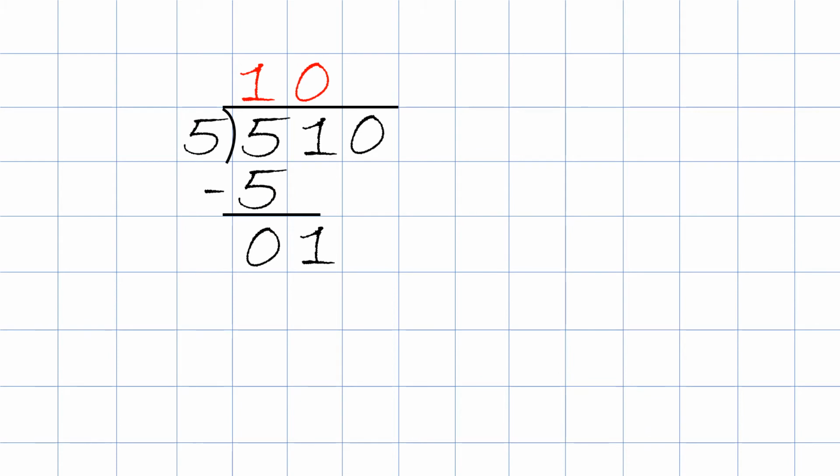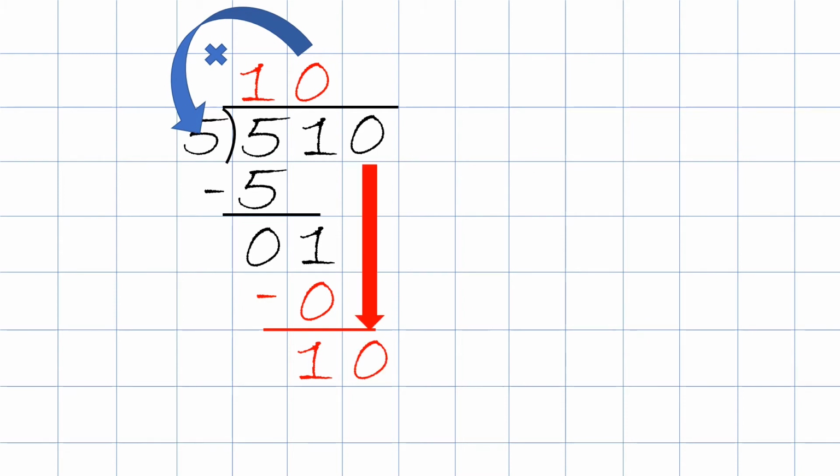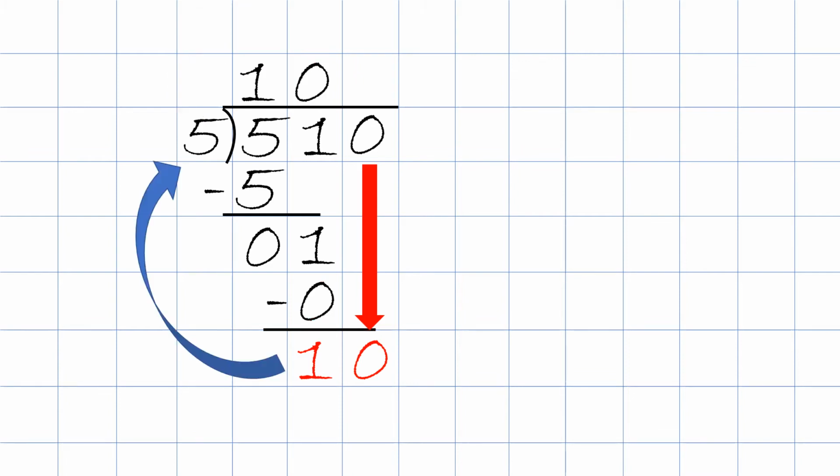We then take 0 times 5, and the answer will be 0. We write it underneath the 1. We then take 1 minus 0, and the answer will be 1. Then in the dividend, the last 0, we bring it straight down, so now we've got 10. We then take 10 divided by 5.